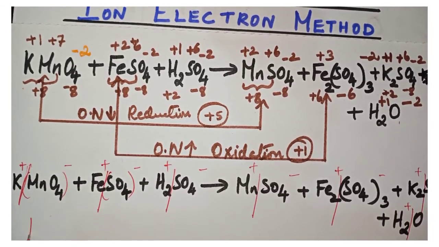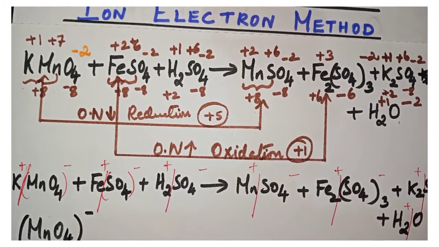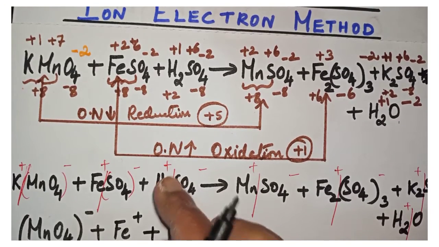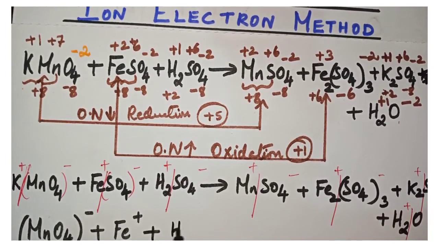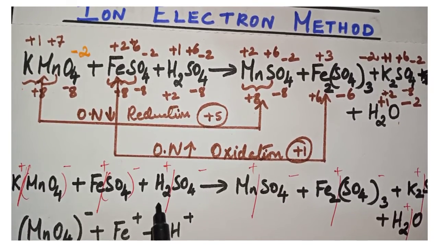So MnO4 minus, with the charge written. Here I write only the positive ions: Fe plus, and here also hydrogen plus, only one atom, I don't write both the atoms.